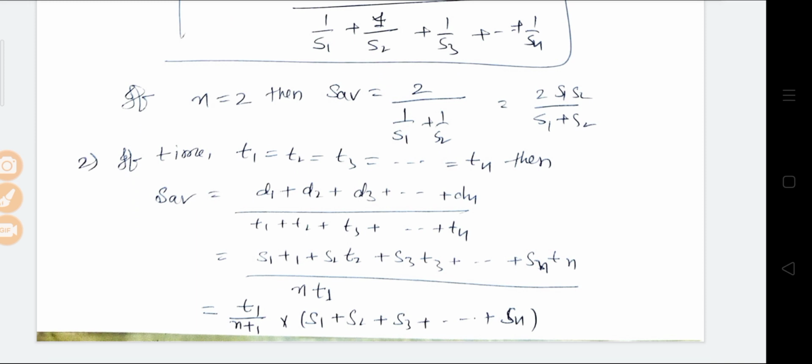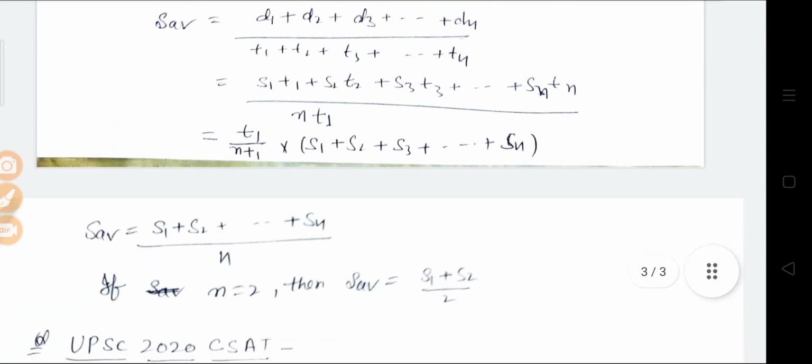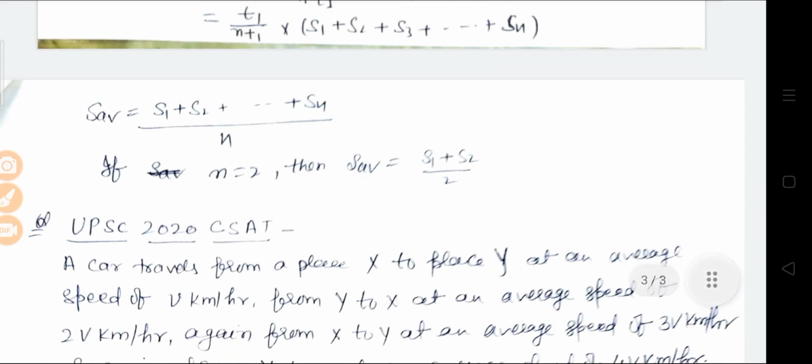Because all the time is the same, so for n times it is n t1. So in this case, what will be the average velocity? S average will be (s1 + s2 + ... sn) upon n. If n equals 2, then S average equals (s1 + s2) by 2. So in this case, you just add both velocities and divide by 2 if the time is the same.